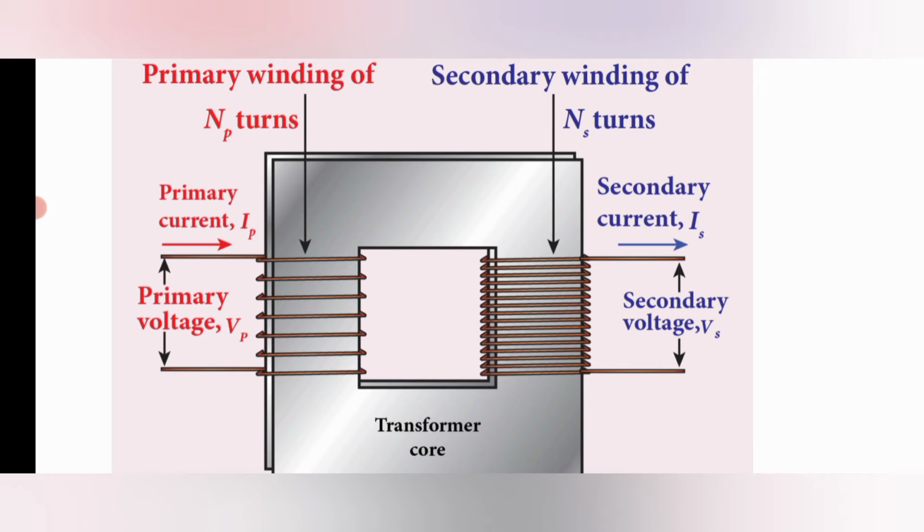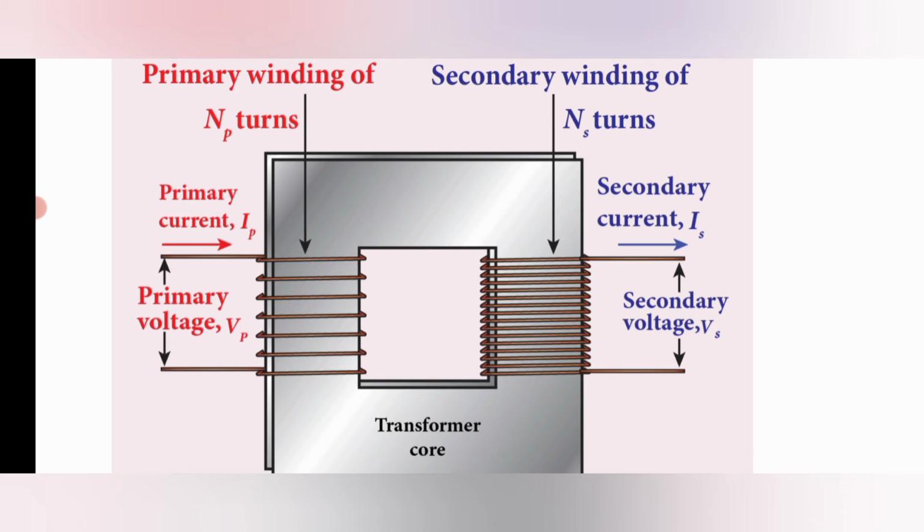The magnetic flux through each turn is the same for the primary and secondary coils, and an equal amount of flux is produced in both coils.